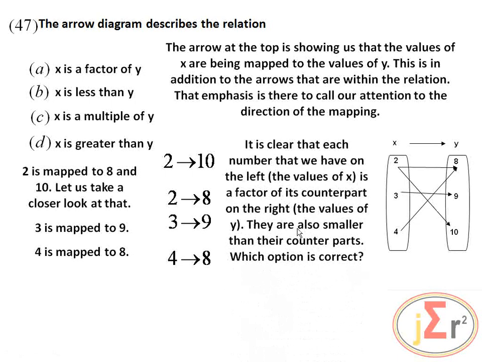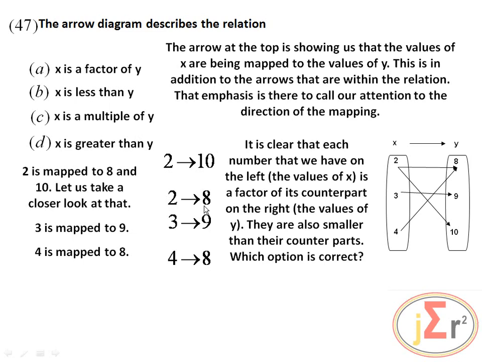It is clear that each number that we have on the left, the values of x, is a factor of its counterpart on the right, the values of y. They are also smaller than their counterparts. Which option is correct? Now, all of these, as a matter of fact, are smaller than all of these.